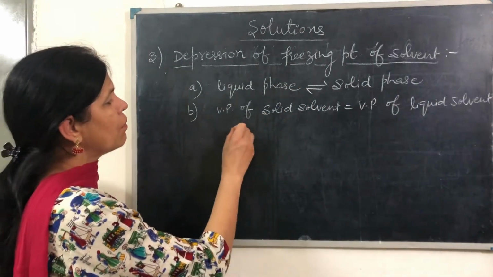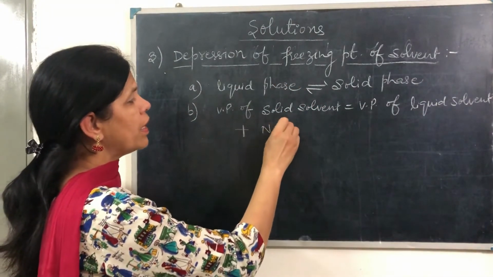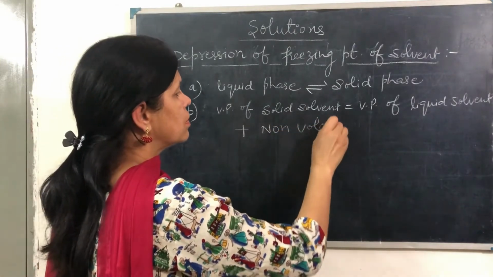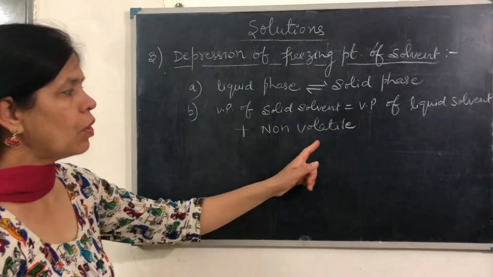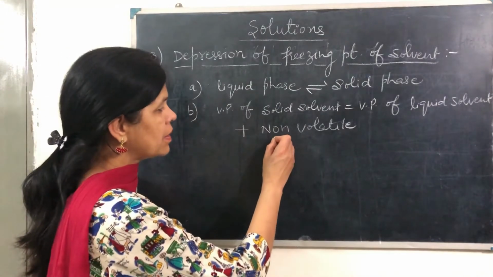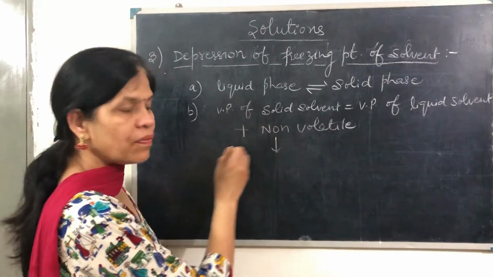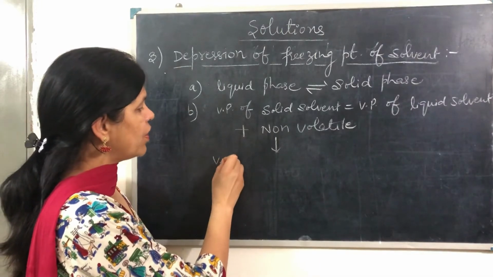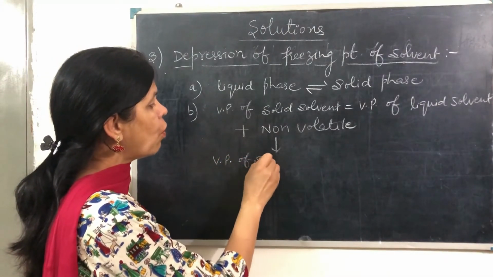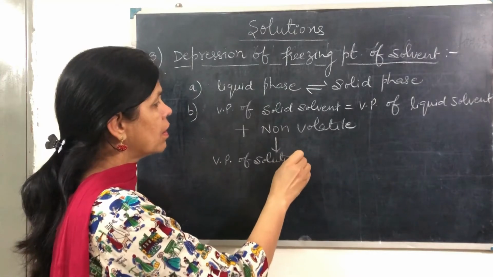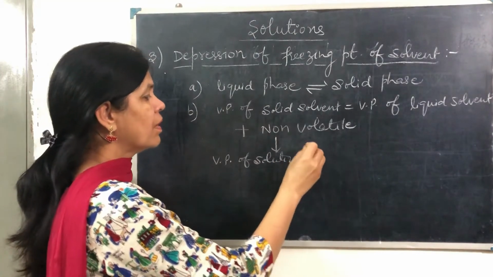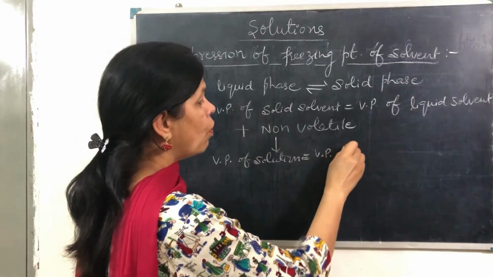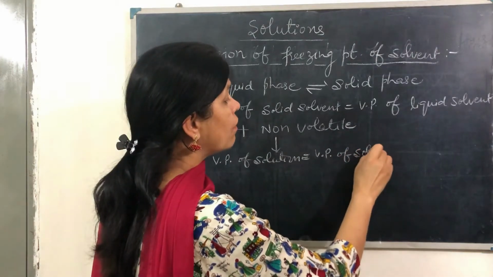What happens when you add non-volatile solute? Then the freezing point will be defined as the temperature at which vapor pressure of solution is equal to vapor pressure of solid solvent.